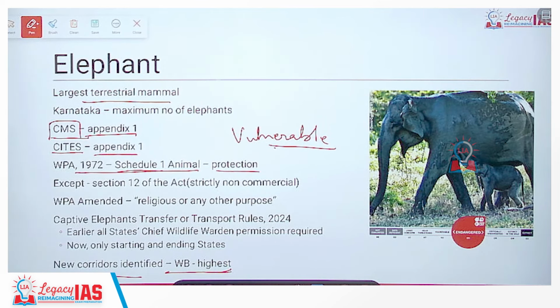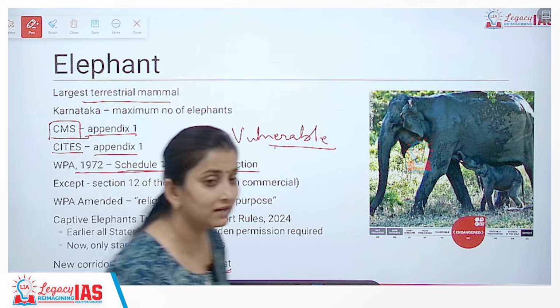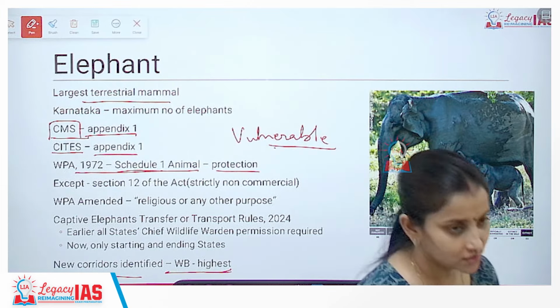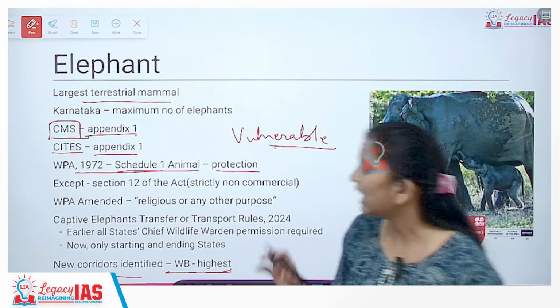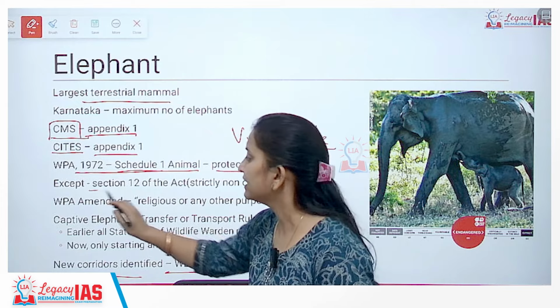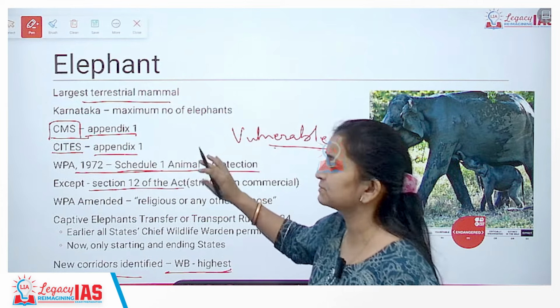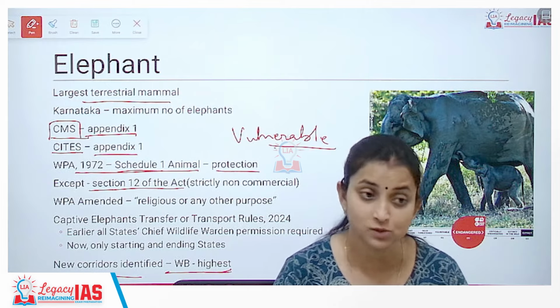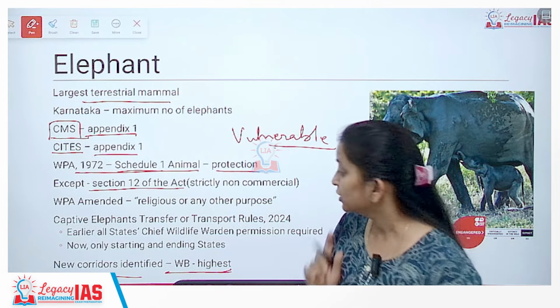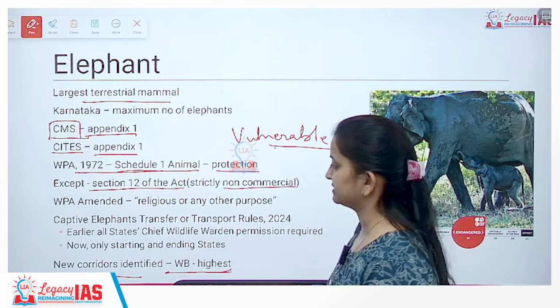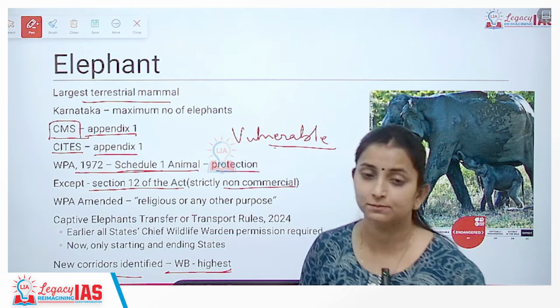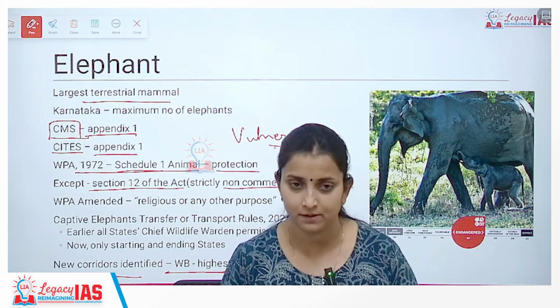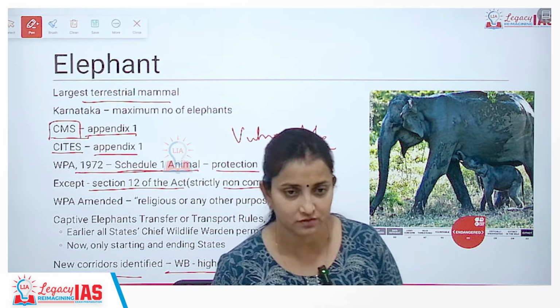But there is an exception to this Schedule 1 also, which is Section 12 of the Wildlife Protection Act of 1972, which says that under special conditions, under exceptional circumstances, permission to transfer them is also permitted, but strictly not for commercial purposes. This transport of organisms cannot be carried out for commercial purposes. That is also mentioned in Section 12 of the Wildlife Protection Act.